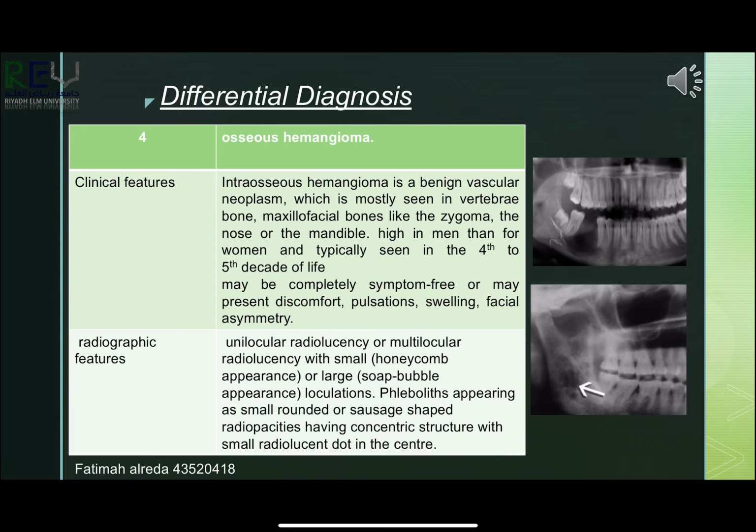It appears as unilocular or multilocular radiolucency with a small honeycomb appearance or large soap bubble appearance. Phleboliths appear as small rounded or sausage-shaped radiopacities having concentric structure with a small radiolucent dot in the center.